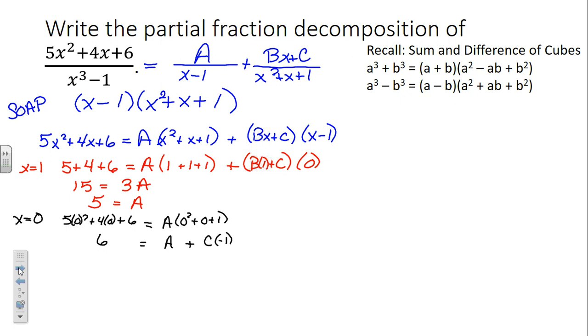So a -1. So that's not looking bad. Because if a is 5, right, then 6 equals 5 minus c. And so we bring the 5 over, and if 1 is a -c, then c has to be -1. So we've got 2 of them.